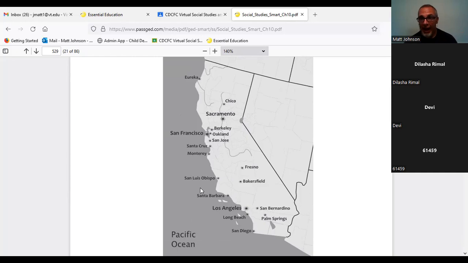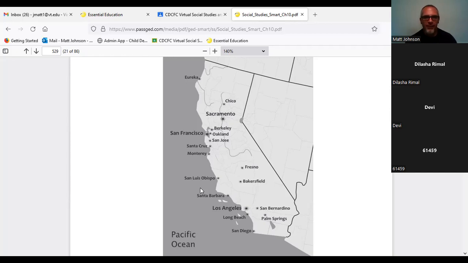Sacramento is actually the capital of California. It's not really represented any differently than San Francisco or Los Angeles. But you can kind of see, the way they have it represented, those dots are larger for the larger cities and smaller for the smaller cities. But just taking that map in, right, we see a bunch of cities here.